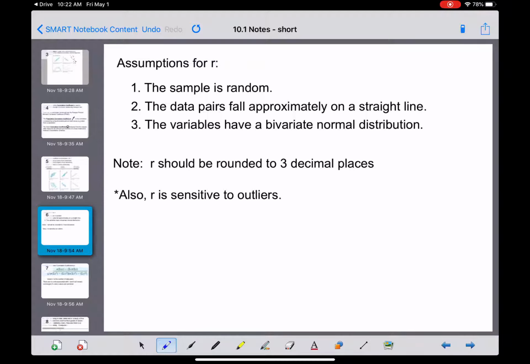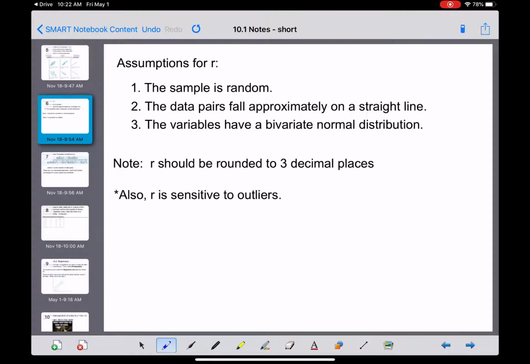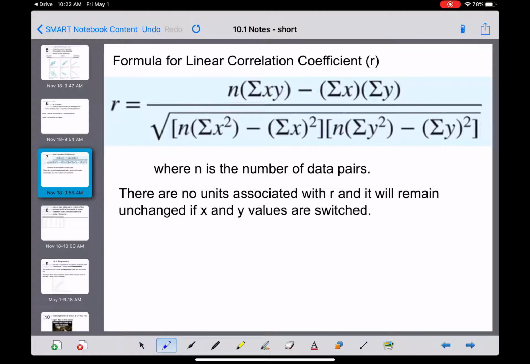And then the variables have a bivariate normal distribution. You don't really have to know that. That's just our assumption. So r is going to be rounded to 3 decimal places, and it's very sensitive to outliers. It's going to change your value quite a bit. Okay, so this is our formula for correlation coefficient.